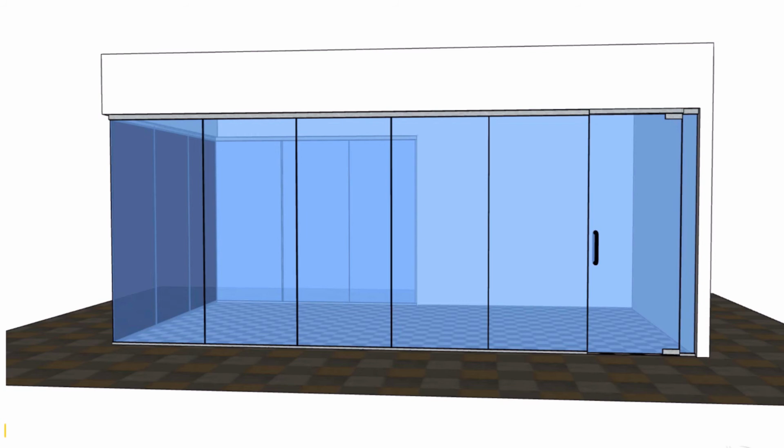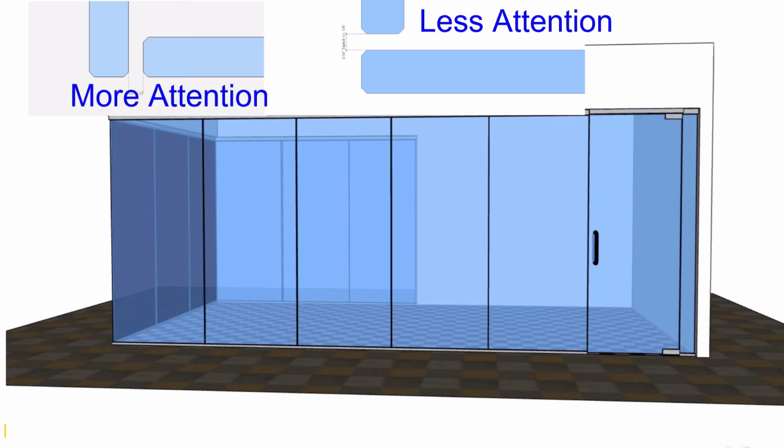We would like to create the most aesthetically pleasing result, and that means we don't want to have too many lines in the glass. Now, when you're viewing the glass straight on, it's going to be reflecting light, and if the panel at the end of the elevation stops short and you see the other panel, that reflection doesn't carry through in the same way, and it's going to bring more attention to the joint.